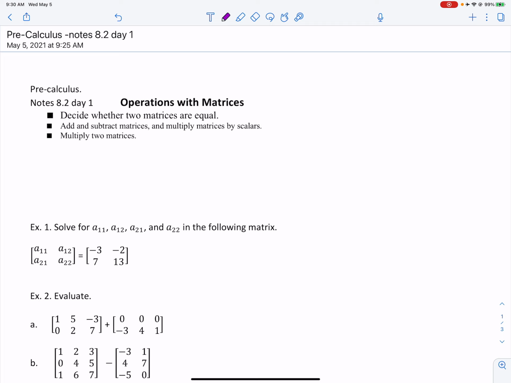Pre-calculus 8.2 day 1, we're going to be looking at matrices, something that you maybe have not worked with before. And so let's talk about what is a matrix. So that's your singular term. And a matrix is a rectangular array of numbers enclosed in brackets.